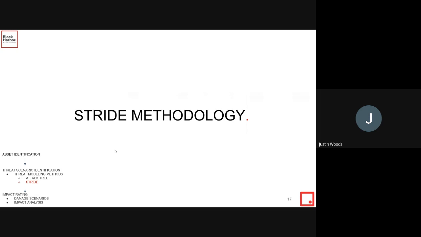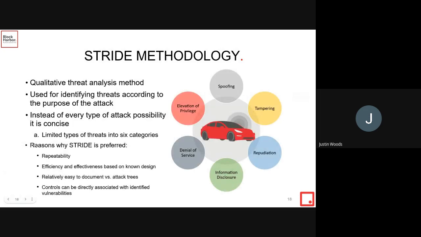Now onto what Block Harbor generally uses to perform its TARs. This is going to be the STRIDE methodology. This is a slightly more qualitative threat analysis method, and it focuses on spoofing, tampering, repudiation, information disclosure, denial of service, and elevation of privilege.